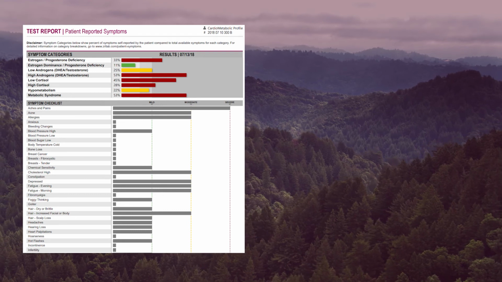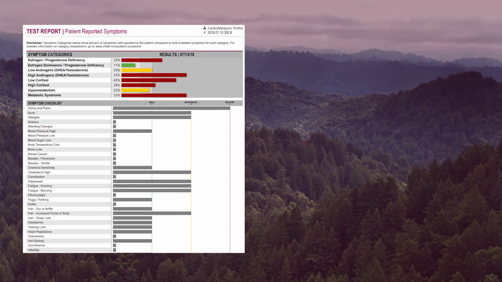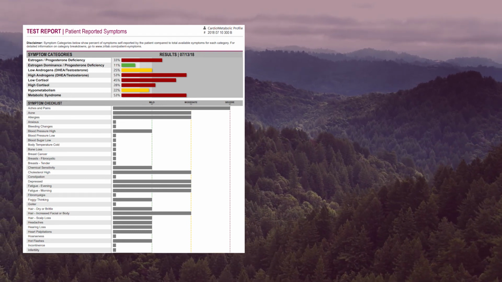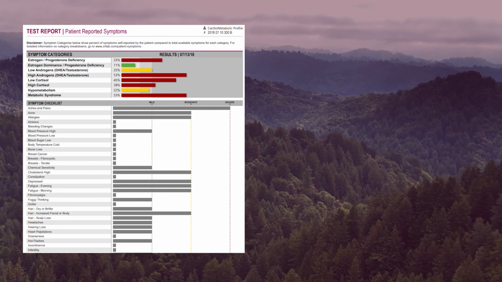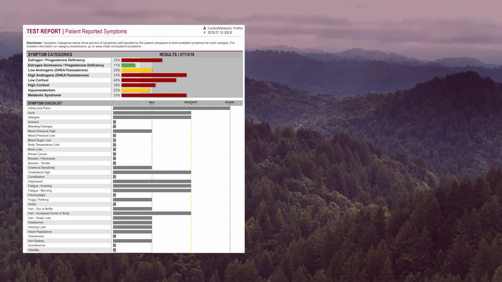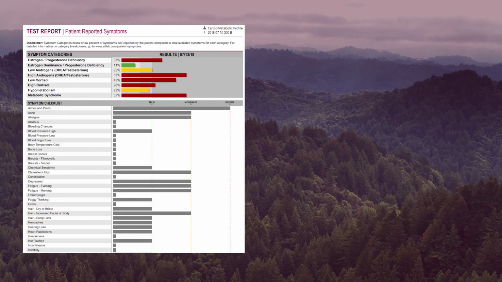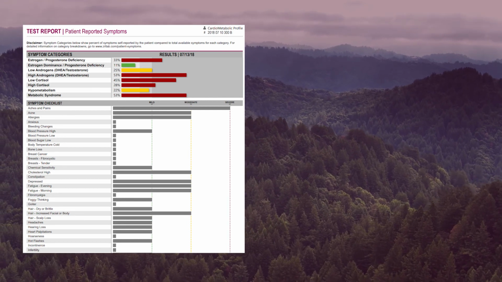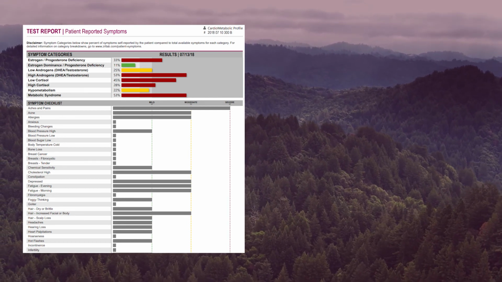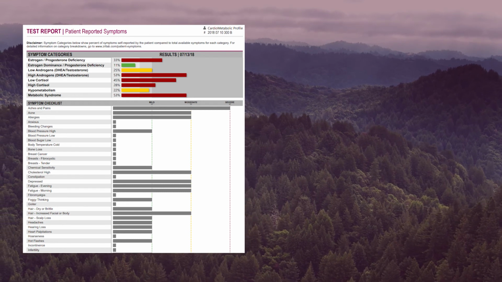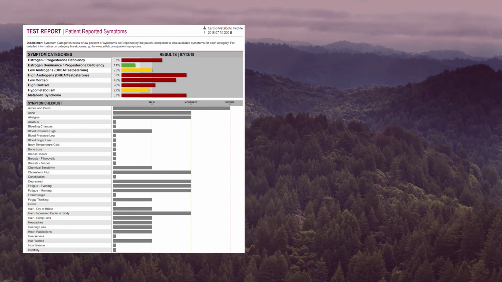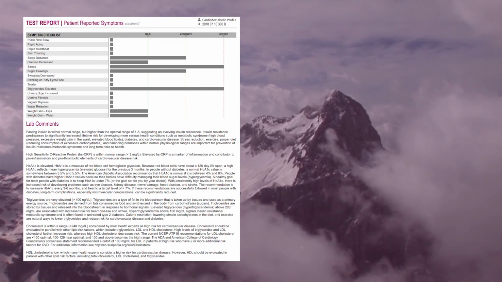This is strictly information the patient reported to us. We've collated it into categories. We've indicated the severity, and this gives us a quick visual reference of what symptom categories are most problematic for them. And this also allows us to incorporate that information into the comments, which we will see down below.